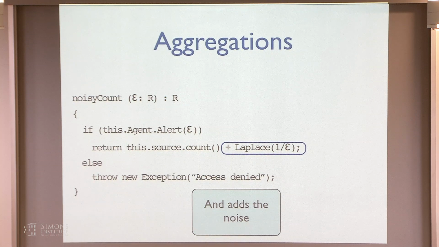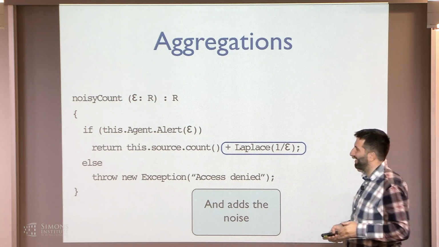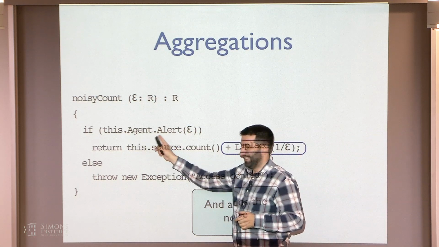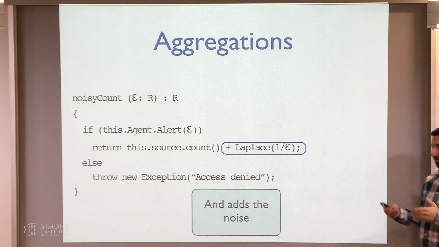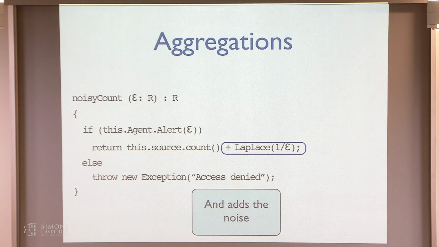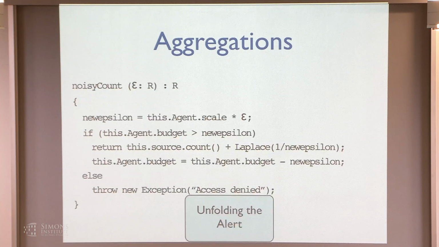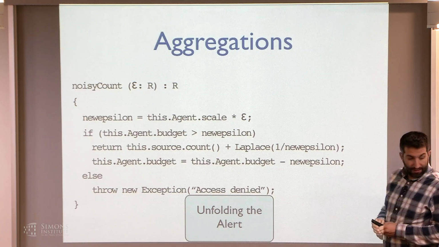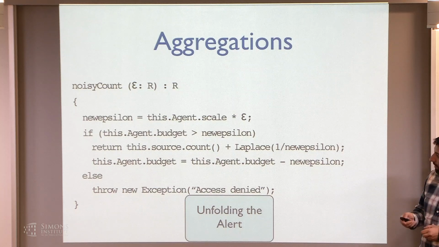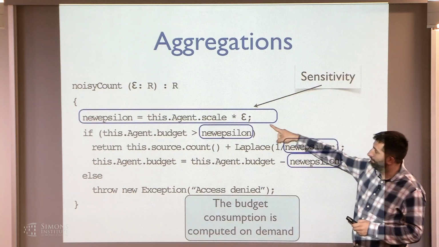Now, I want to go even further in the box, because here there is another box, this agent alert. So now I want to unfold this to show you exactly how we check for budget. This is the unfolded code. Here is where we compute the sensitivity.